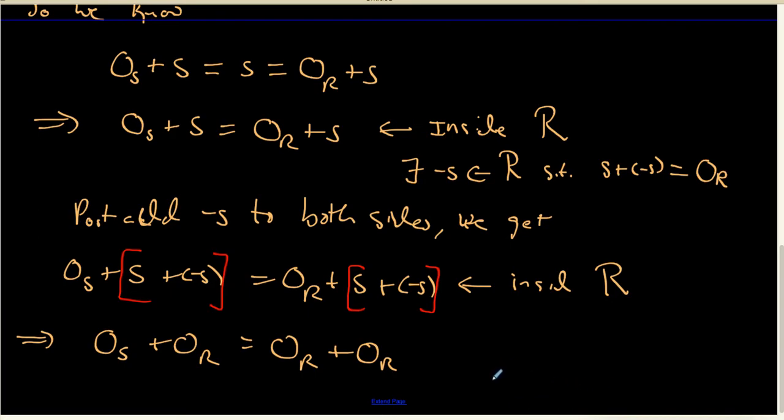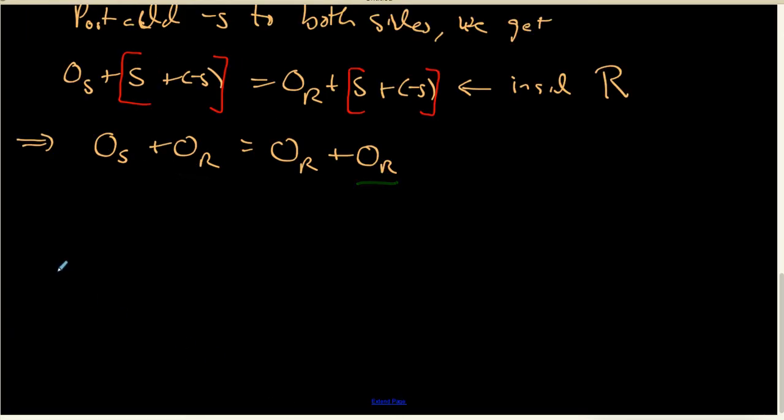Now, it's important to realize that this 0r is the additive identity inside the ring R. And so what we now have is that the left-hand side reduces down to 0s, and the right-hand side reduces down to 0r.